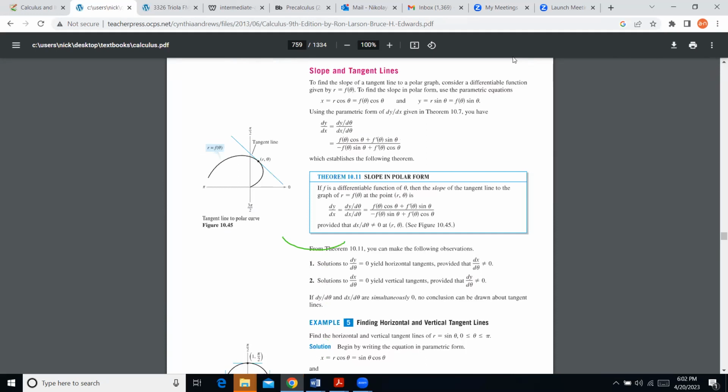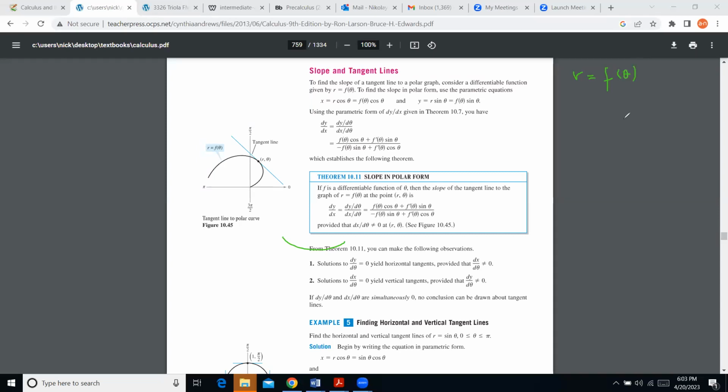And we're going to recall the story of parametric equations and how we can apply them to the case of polar coordinates. So the standard way to write functions in polar coordinates is r, which is some kind of function of the variable theta.